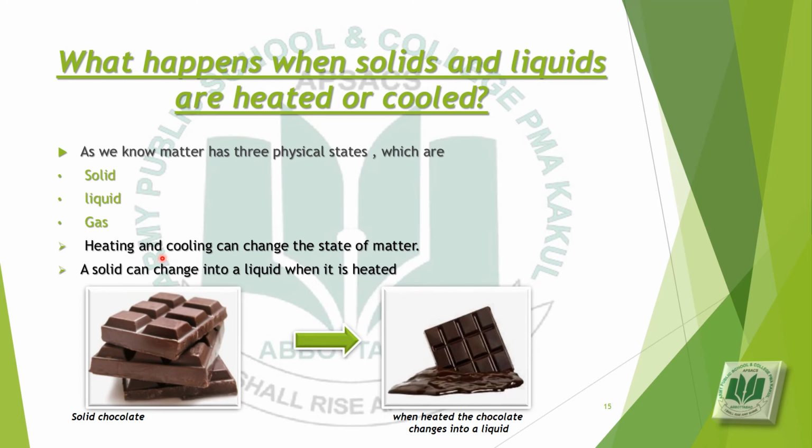Students, heating and cooling can change the state of any matter. It can change a solid into a liquid when it is heated. Here we have an example of a solid chocolate bar.